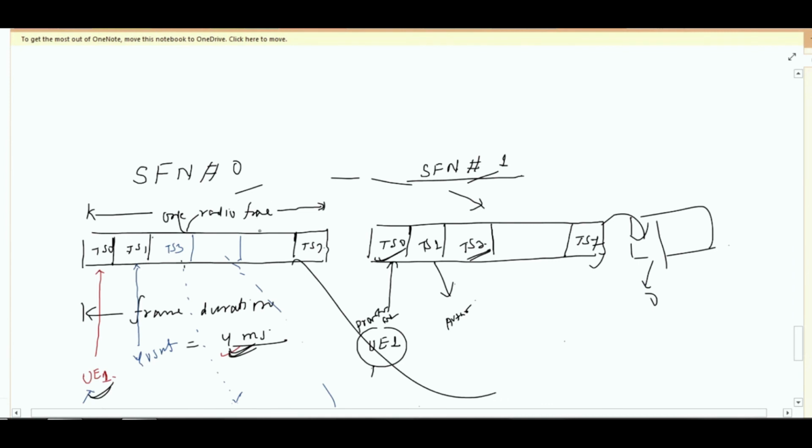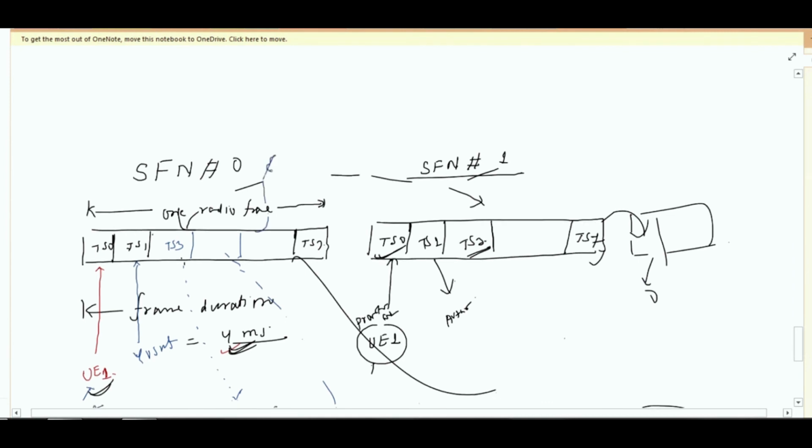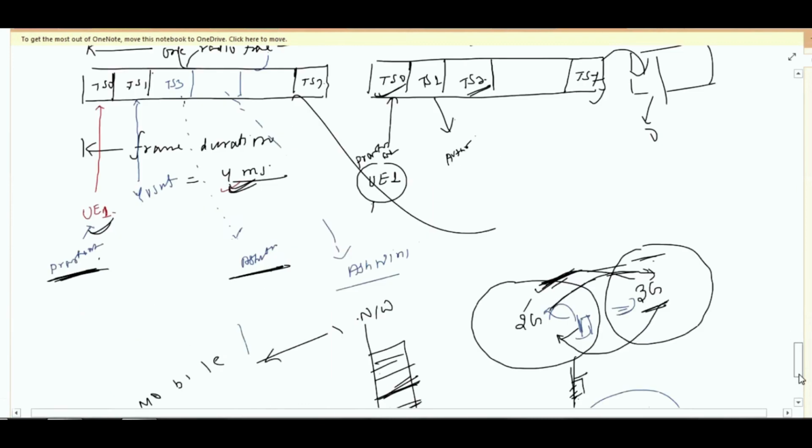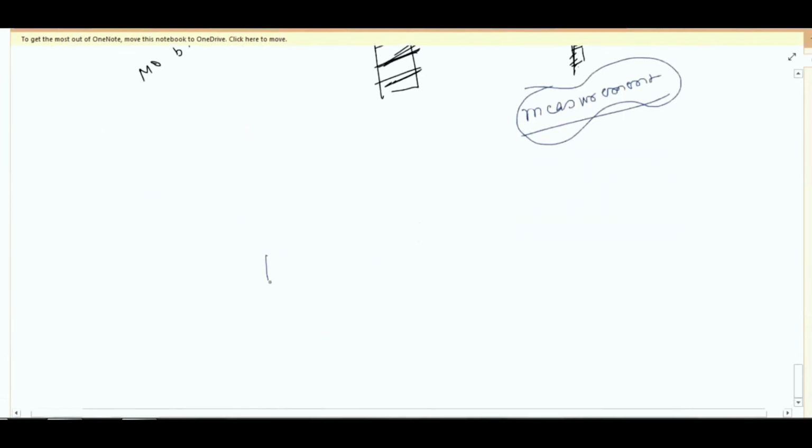In 2G, we already have idle time slots. Out of 8 time slots in every frame, 1 slot is an idle time slot in 2G.